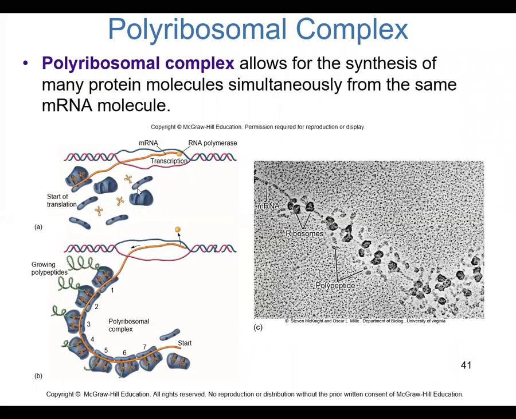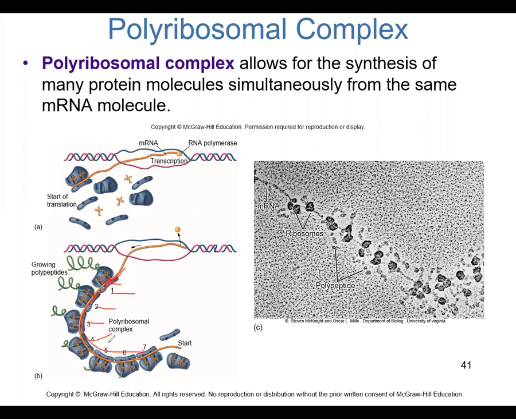Now, a polyribosomal complex is poly means many. So we have many ribosomes going on this. And how this works is that the mRNA, the yellow strand right here, enters the first ribosome, starts building it. And as it's passing through, another ribosome can come in and then it'll pass through it and starts building another protein.